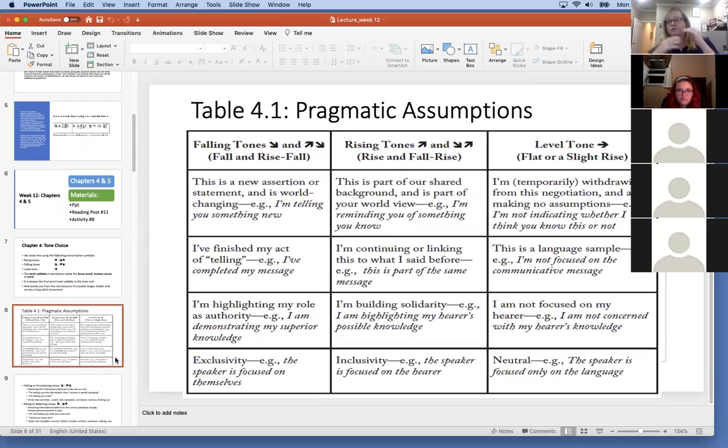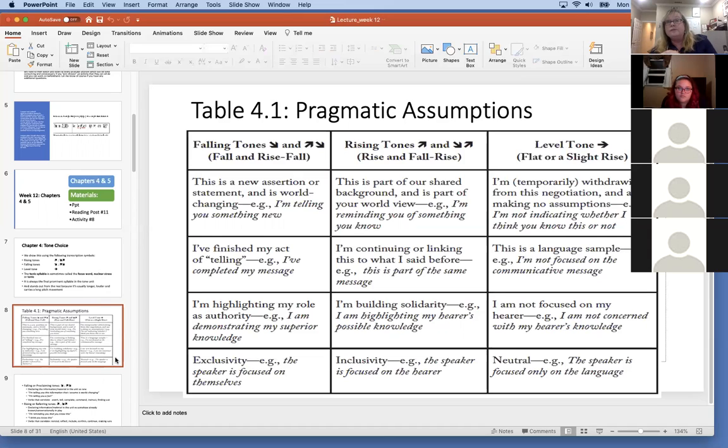So when we think of what the speaker is assuming on behalf of the hearer, like we talked about before, the speaker is trying to make a world that the speaker and hearer both understand. If it's a falling tone, the idea is I'm telling you something new. Or it might be, so we're now going down in a line, I've completed my message, I'm done. Right? If you want to talk, you can.